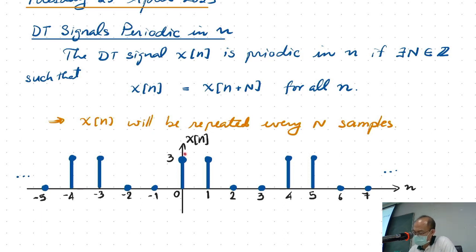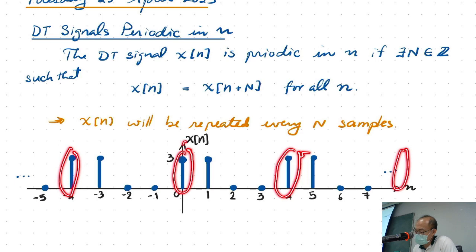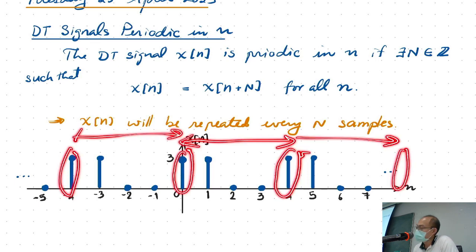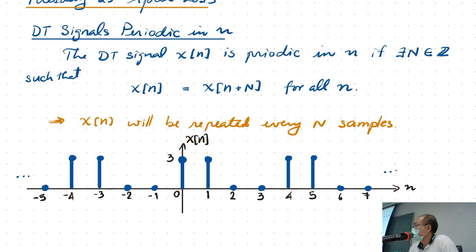Starting from n equal to 0, it repeats itself at n equal to 4, and it would be repeated at n equal to 8 and n equal to -4. So every 4 samples, you're going to see the same signal over and over again. So this signal is periodic in n with period of 4 samples.